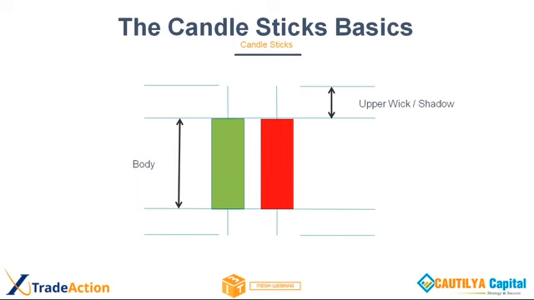Similarly, the length from the open of the green candle to the low of the green candle, or the close of the red candle to the low of the red candle, is called the lower wick. Yes, it can be called wick, it can be called shadow, and some do call it tail also.